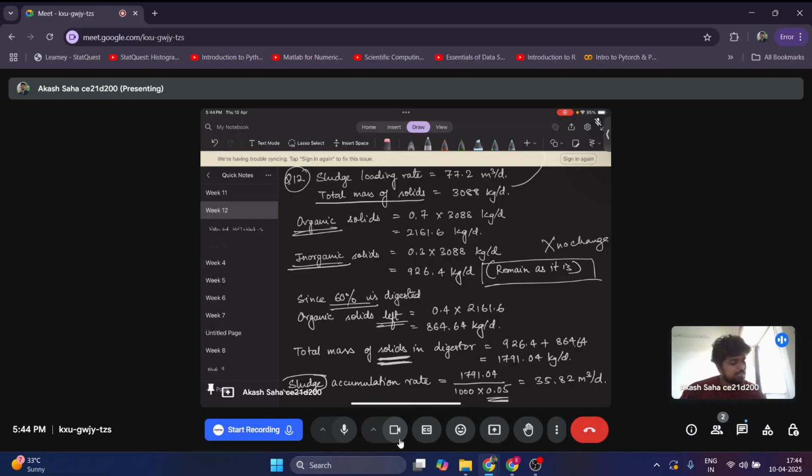So find out what is left. Once what is left is found out, add both the left out parts, that is the inorganic part and the organic leftover part, and then with the help of the solid content find out the sludge accumulation rate.